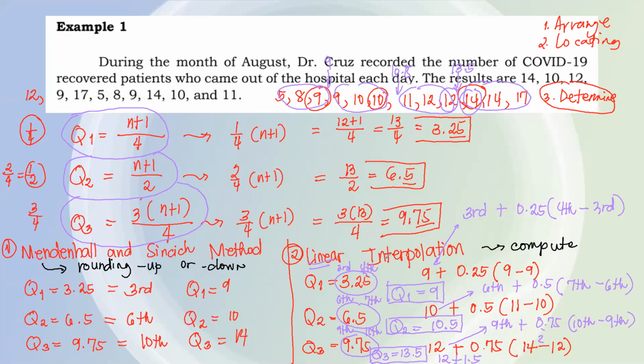Pantay-pantay yung pagkakahati ng mga data natin. Hindi tulad kay Mendenhall, hindi pantay-pantay, ano? Dito, dalawa lang yung data, dito, dalawa, dito biglang tatlo, tapos doon, the rest, dalawa ulit. Okay? So kay linear interpolation, mas accurate tayo because we are doing the computation. While in Mendenhall, because we are doing a rounding up and rounding down, mas mahirap yung process ng ating paglo-locate ng data.